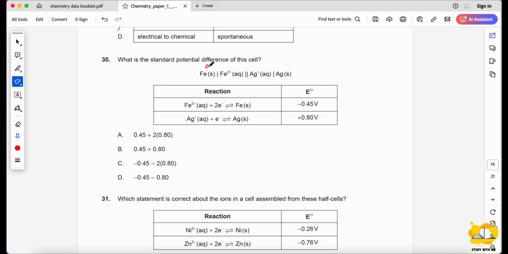This one will be oxidation and this one will be reduction. So the formula for E cell will be reduction minus oxidation. So this will be positive 80 minus negative 45. So the answer will be B.